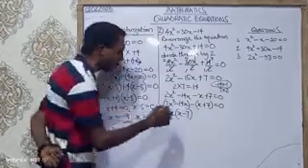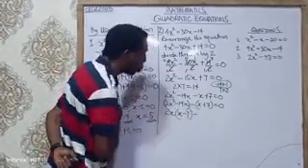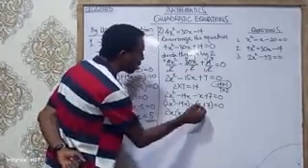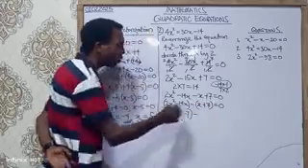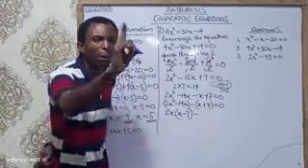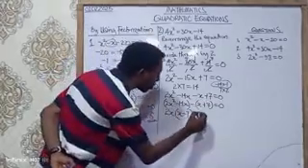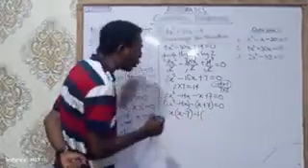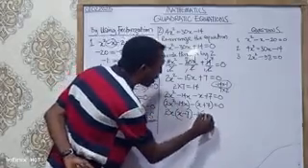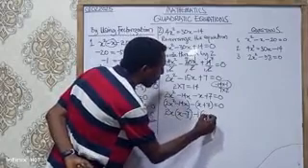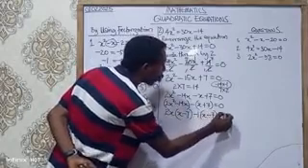Please don't forget that. Now the next thing is you have minus x plus 7. There is no number we can bring out, but we can bring 1 out. Why? Because if I put 1 here behind the bracket, I can say my 1, it will remain x minus 7 equals 0.